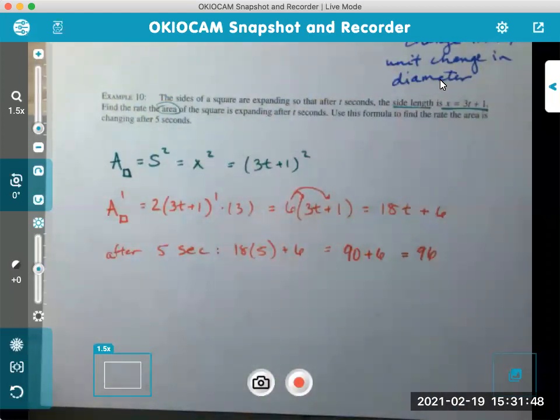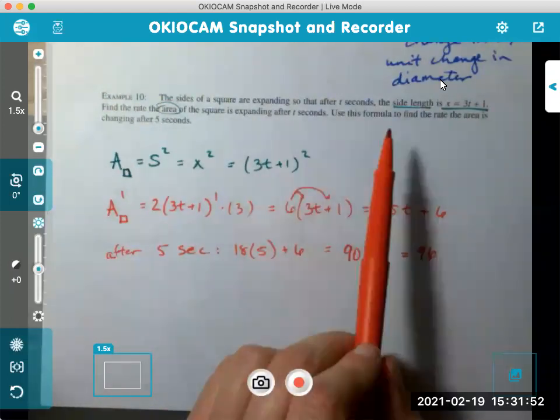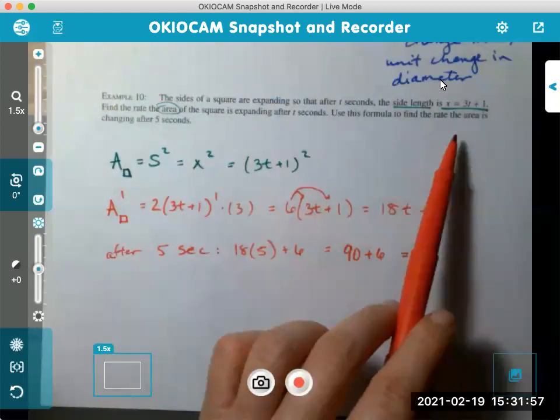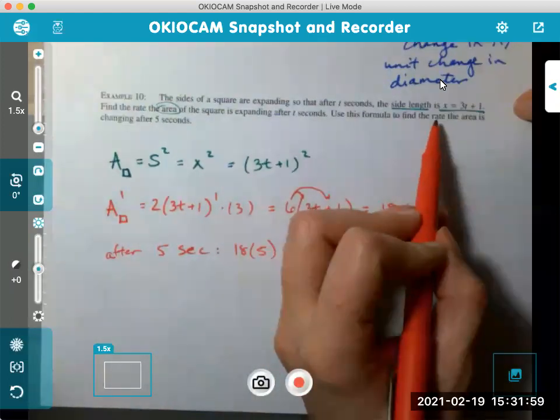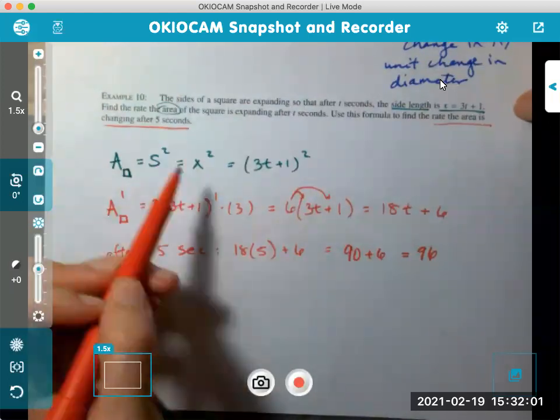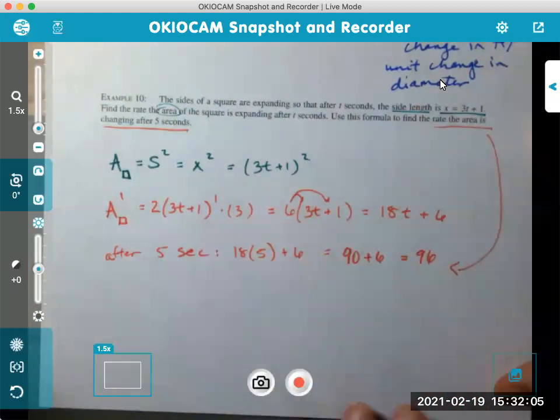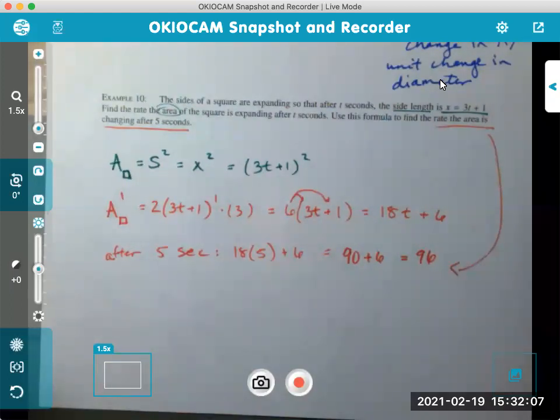So we've got 96 units. I think units, side length doesn't really tell us. This is the rate the area is changing after 5 seconds. That's it. Happy chain rule.